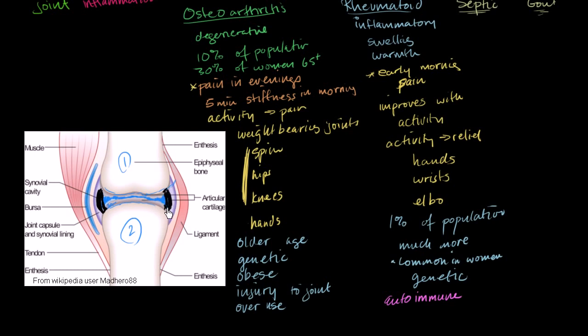And because there's so much, they're recruiting other cells and more blood flow. That causes destruction of the surrounding structures. You can get destruction of the bones right there, and they can make holes in the bones. We call them erosions. They can also cause destruction of the surrounding ligaments and of the cartilage, and that causes pain, deformities of the joint, and instability of the joint, so the joint can't function.